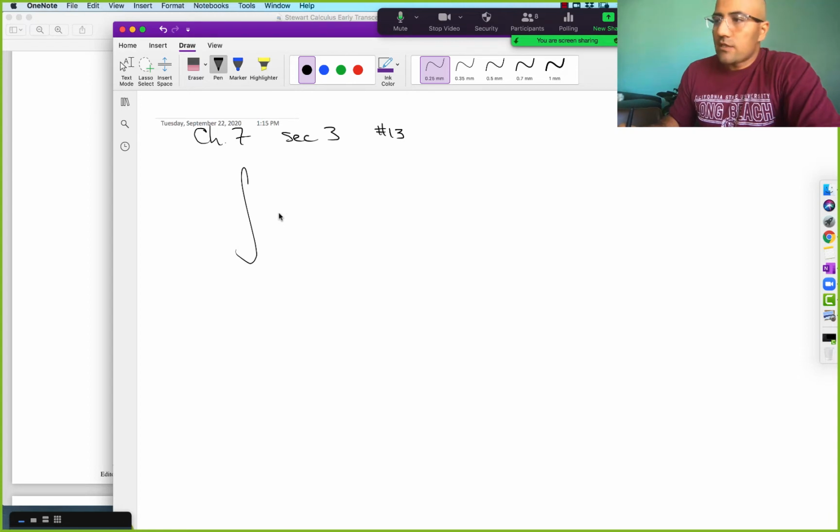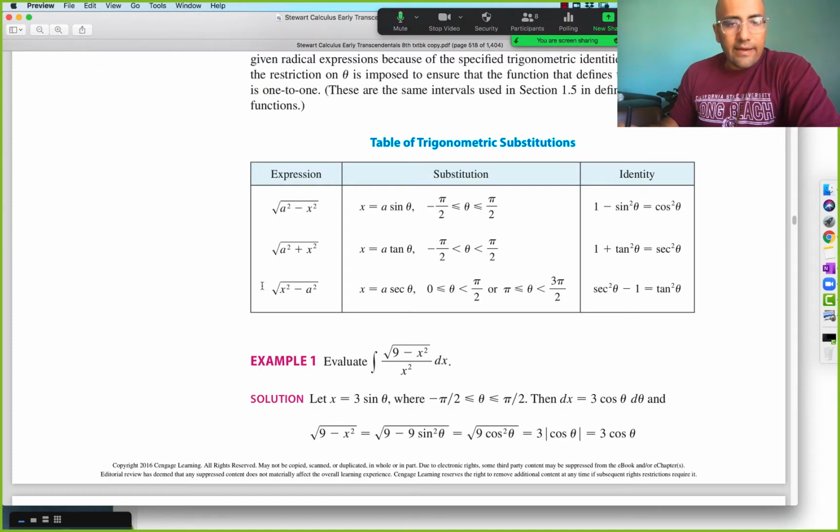We have the integral of the square root of x squared minus 9, all over x cubed dx. This is the big hint that we should be using this substitution to see if this works out.